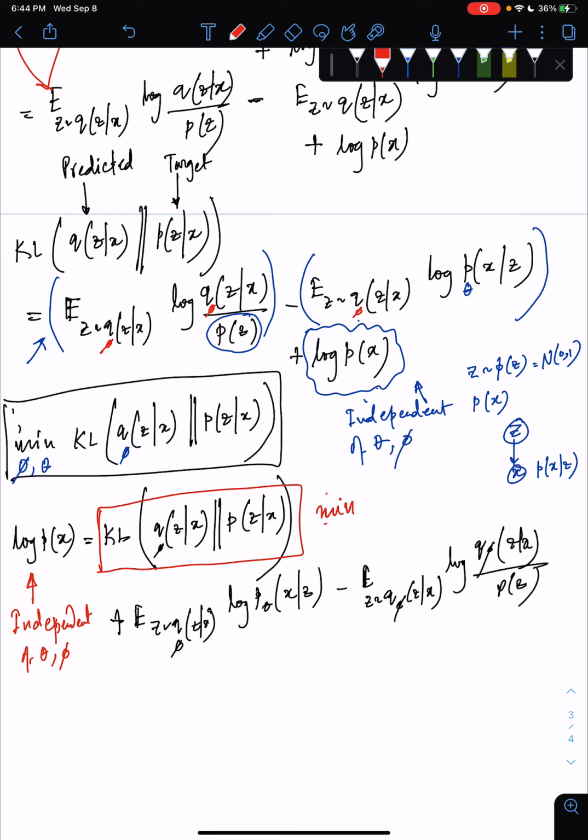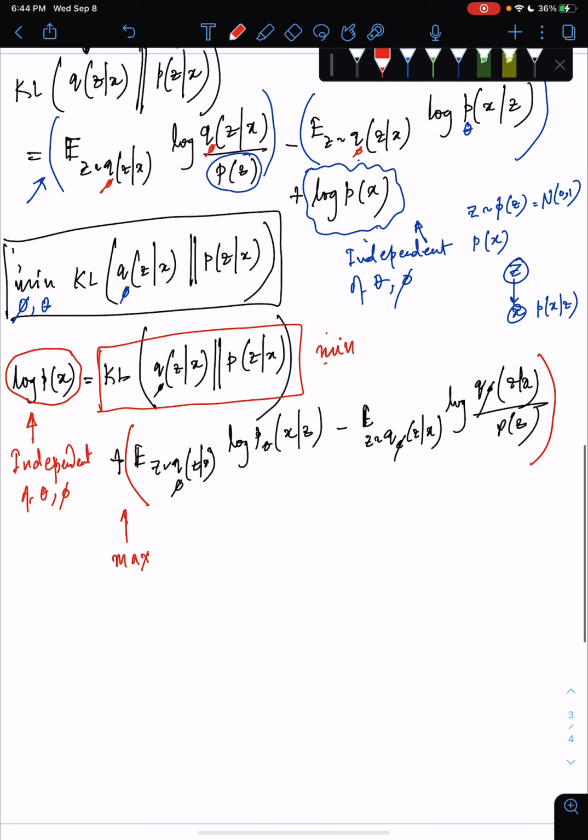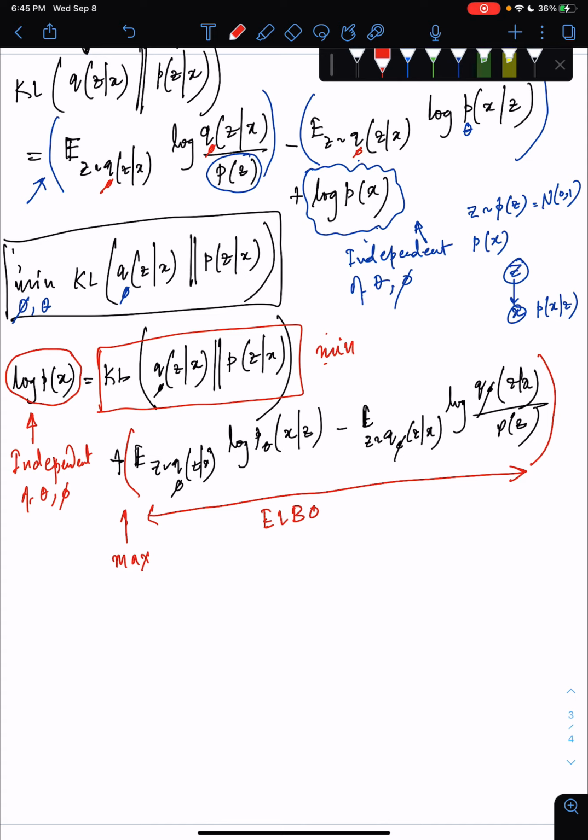So to keep the left hand side constant, we have to maximize this whole thing. We want to maximize this entire thing, and this entire thing is often called ELBO. Now why is this often called ELBO loss?